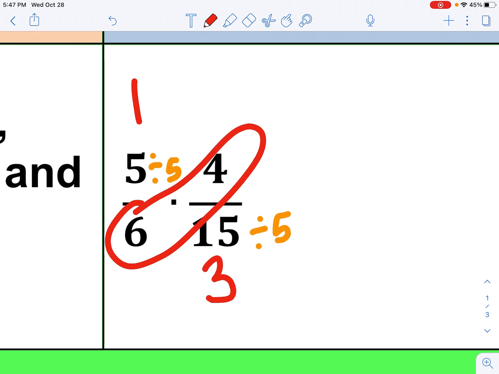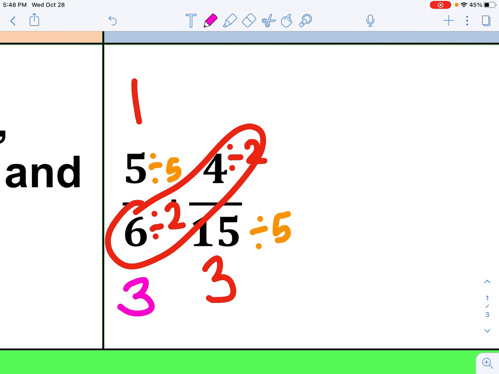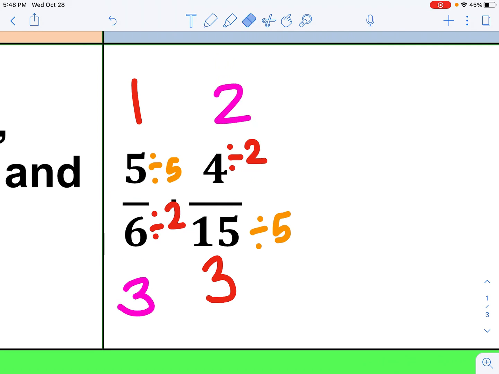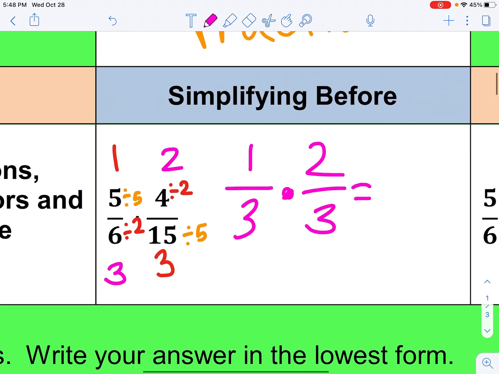Now we're going to do the same with our 6 and our 4. What number can I divide by that they both have in common when we think of our factors? Right, we can divide by 2 because they're both even. 6 divided by 2 gives us 3. 4 divided by 2 gives us 2. So now we're really multiplying 1/3 times 2/3.